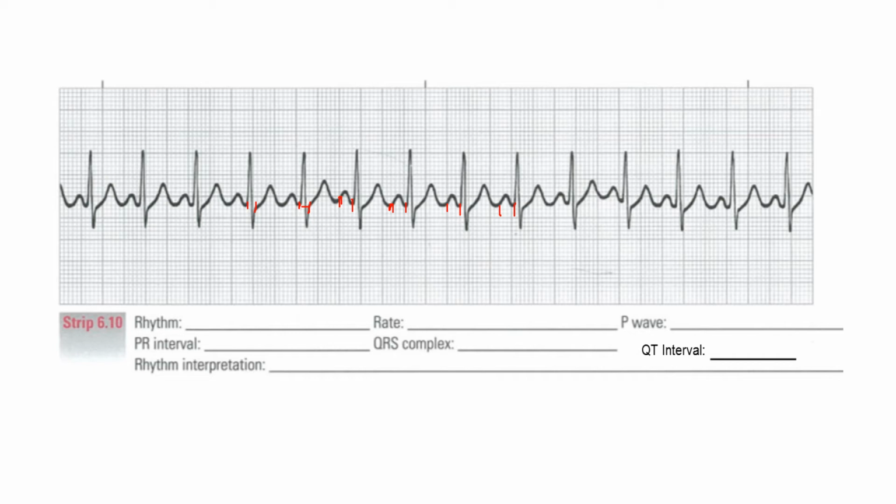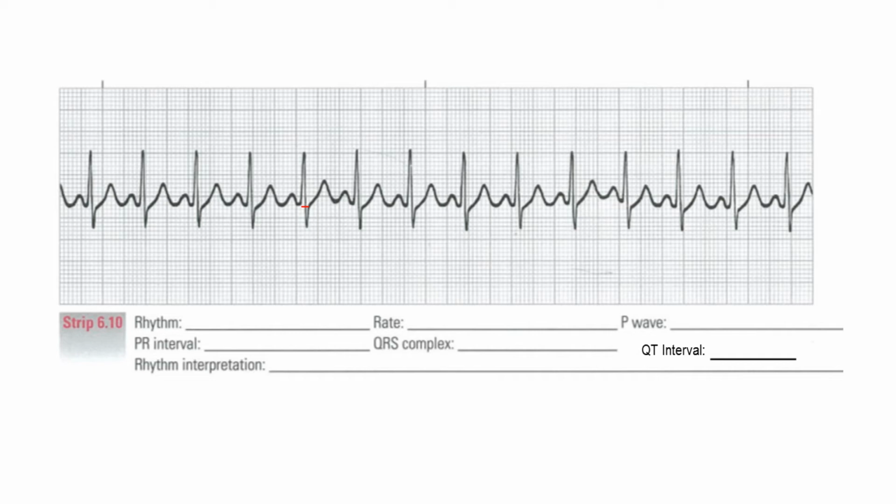Your QT interval, you measure from the beginning of the QRS to where the T comes back to the isoelectric line. It looks like there is about 7, maybe almost 8, so about 0.28 to 0.30 is your QT.